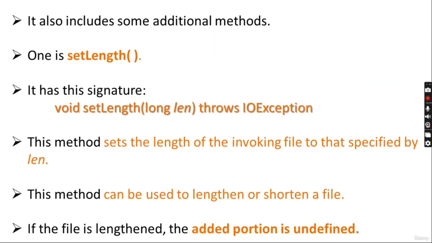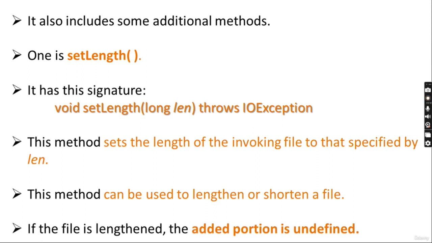Okay. Some additional methods are there. One is setLength, setLength(long len) throws IOException. What does this setLength method do? This sets the length of the invoking file to that specified by len. So you determine the length of the file by using the setLength method.